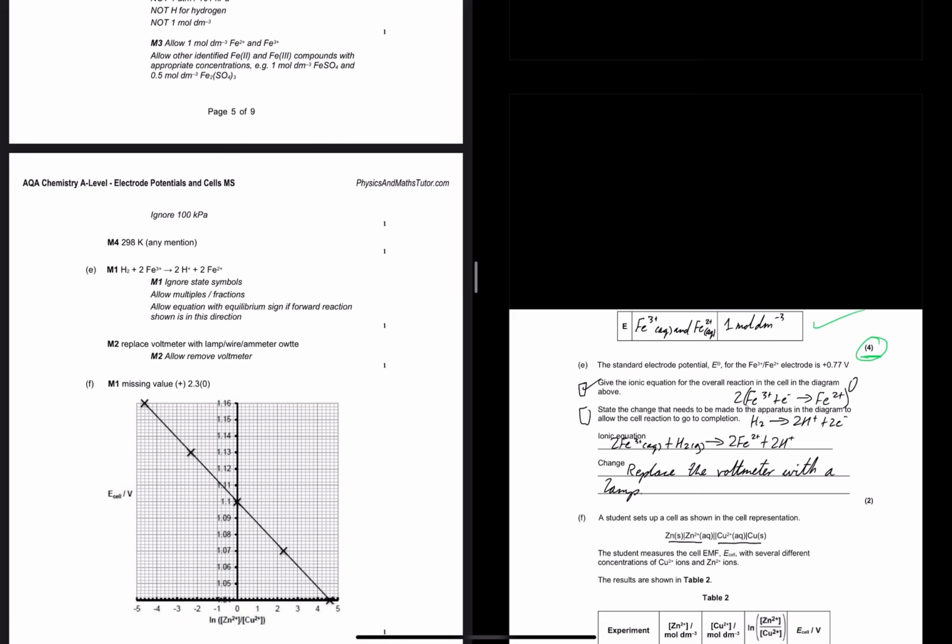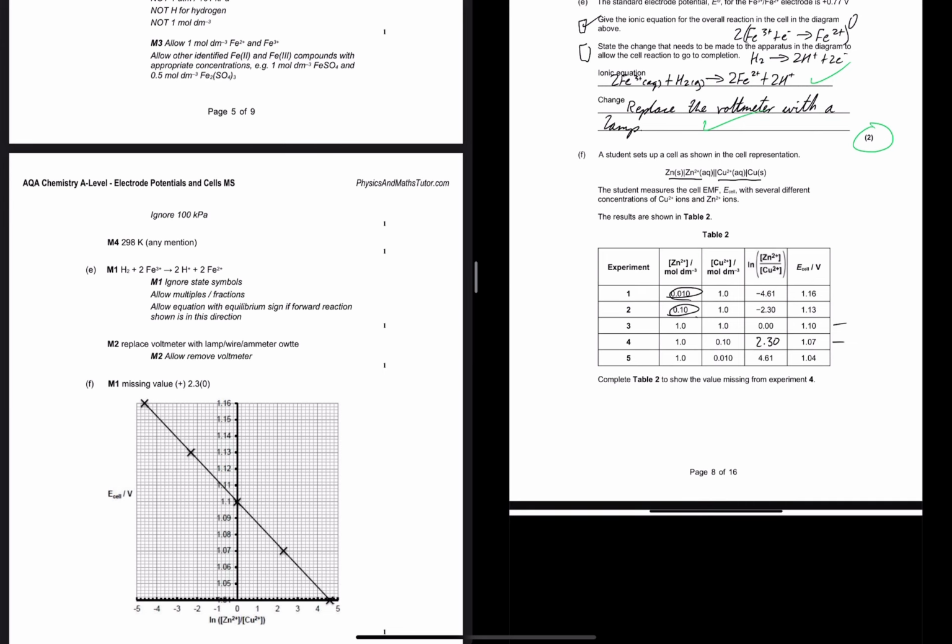You can go H2 plus 2Fe3 plus goes to form 2H plus 2Fe2 plus, or it's the same thing as writing 2Fe3 plus H2 goes to form 2Fe2 plus 2H plus. No problem there, you can already see what's going on there. I replaced the voltmeter, and actually, word for word, I said replace the voltmeter with a lamp. So, yeah, that's that. 2 marks.